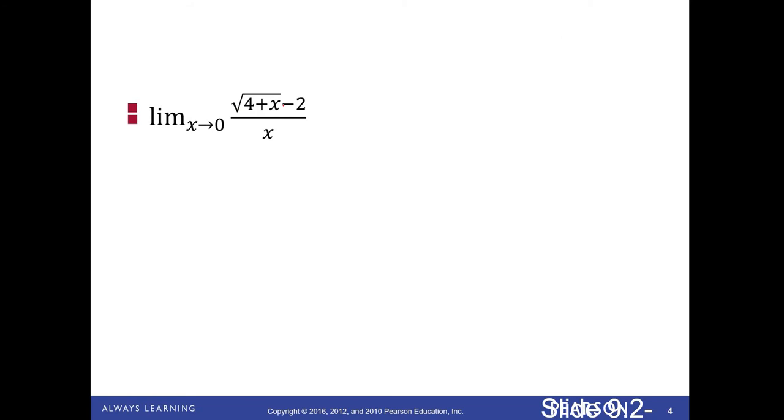So if I plug in 0 for x, I would get root 4 minus 2 over 0, which is 0 over 0, or an indeterminate form. So to solve this limit, I am going to take the limit as x approaches 0 of the derivative of the top, 1/2 times 4 plus x to the negative 1/2, over 1.